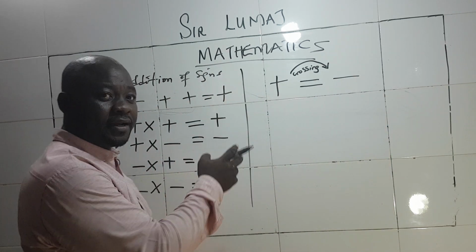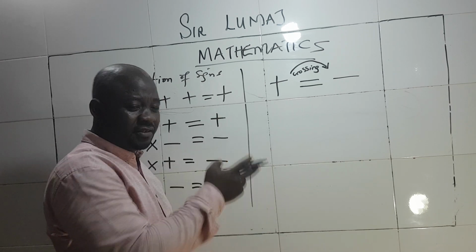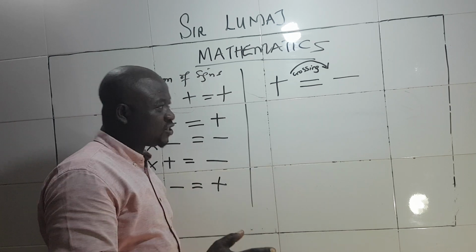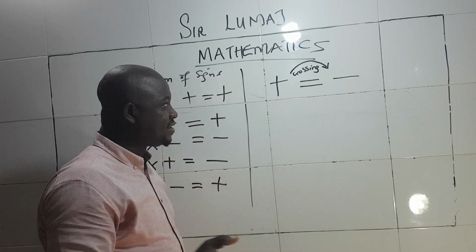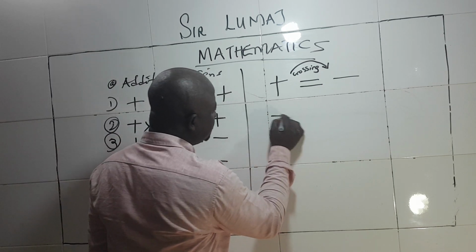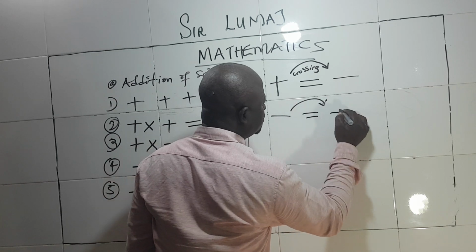Those in JSS1 can also study this. If you are in JSS1, even in primary 6, this video is meant for you. JSS1, SS1, SS2, SS3, you have to take it serious. Minus crossing the equal to sign, it becomes what?